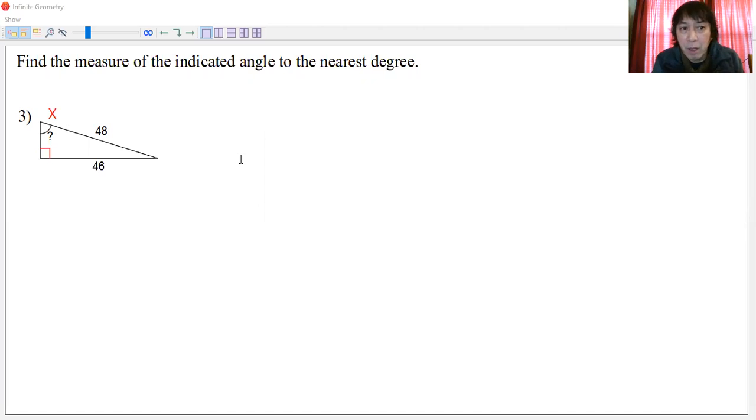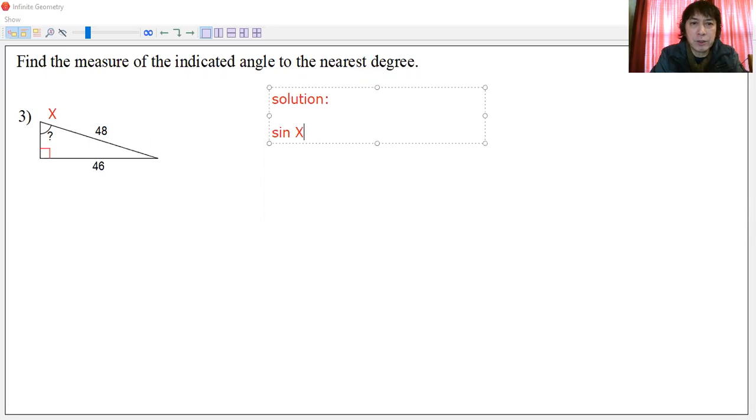Now, what we have here is the side opposite to the angle X, that's the 46. And of course, opposite the 90-degree angle, we have the 48. So what we have is opposite and hypotenuse. So again, this will now be our solution.